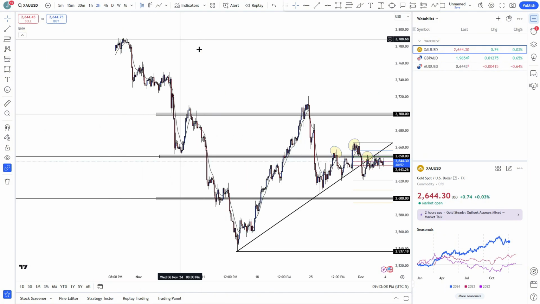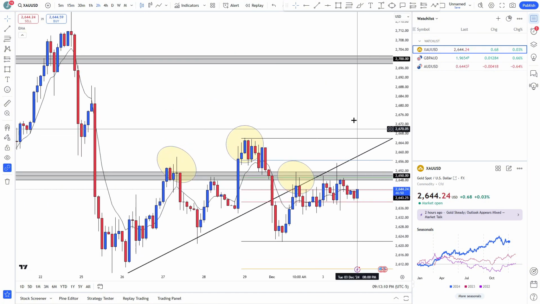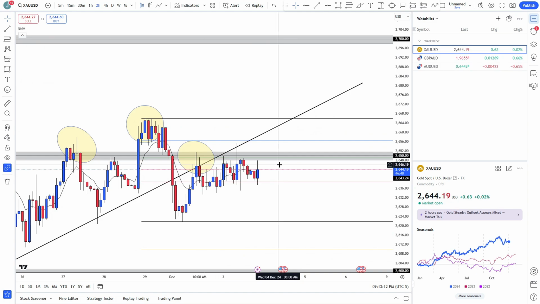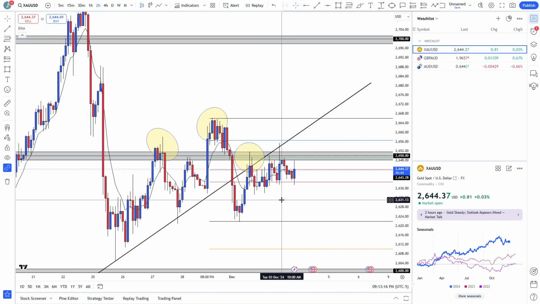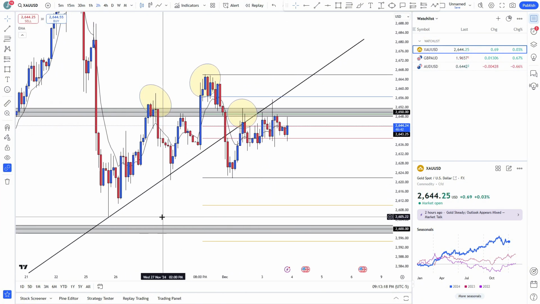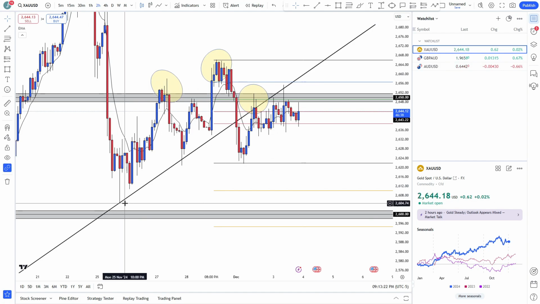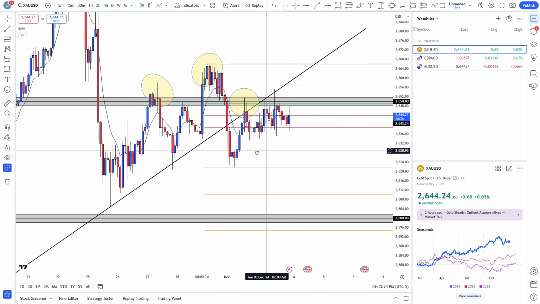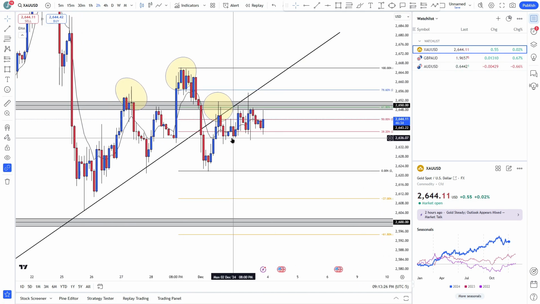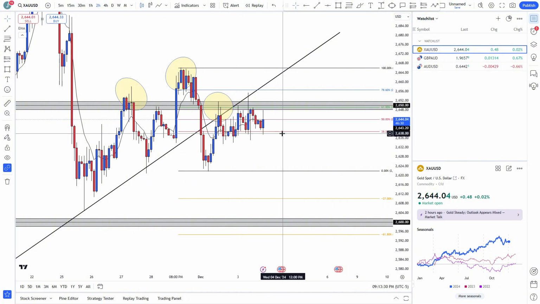It would have been a good entry. Price isn't really breaking above this area, and it is consolidating, but I do see price dropping probably down to the negative 27, and then the 2600 area, which matches up with the higher low here. So yeah, I do see a break of structure. Price is not pushing up anymore as far as my knowledge goes.